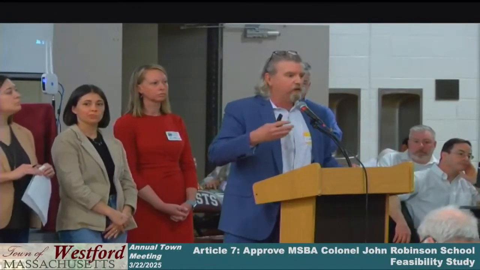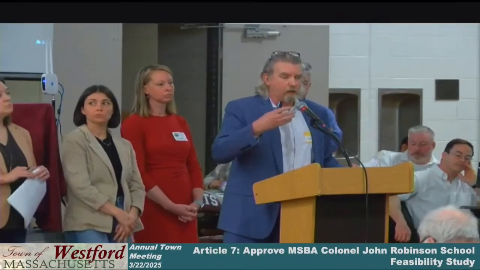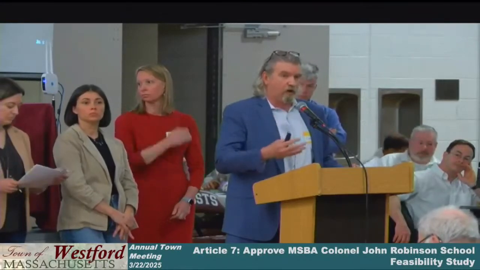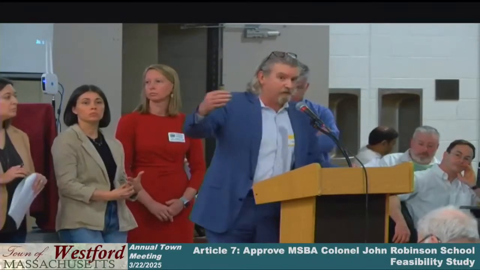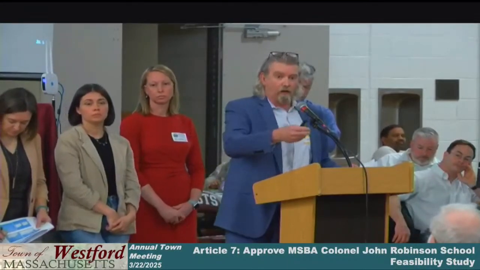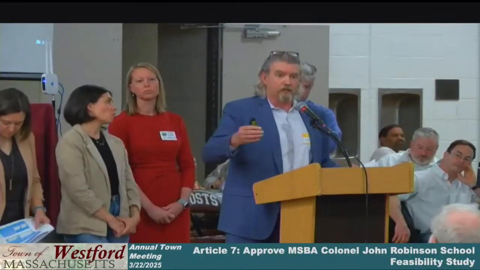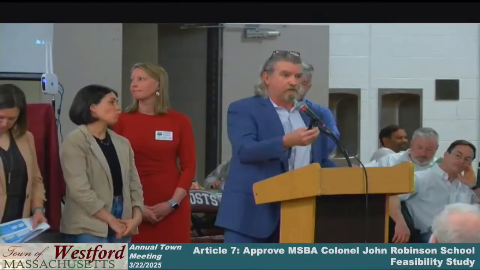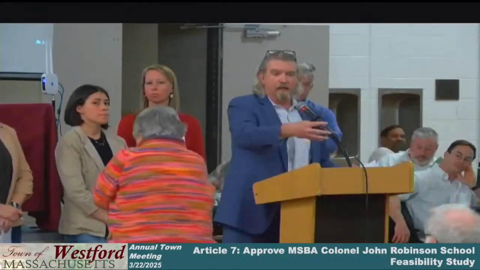And the other thing, when people have asked the question about if there's preferences, in working with the Massachusetts School Building Authority, as they are providing 48% of the costs of the feasibility study and of any future project, if the town decides to move forward with that, they require us to look at all of these different options. So it's difficult for us to go into the feasibility study with our preference, because they want it to be a third party that comes in and evaluates everything and then advises us on that.